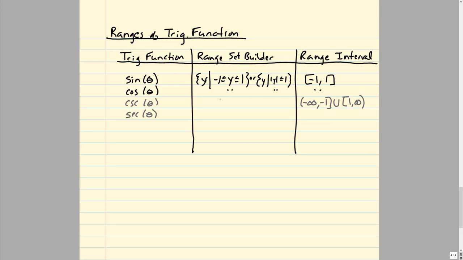The range set builder notation is going to be a little bit different. This is all values of y such that, and I could put right in here, y is less than or equal to -1, or y is greater than or equal to 1, or all values of y such that the absolute value of y is greater than or equal to 1.